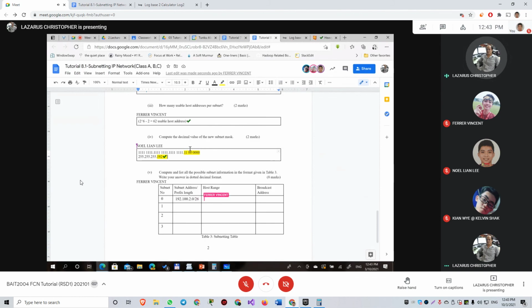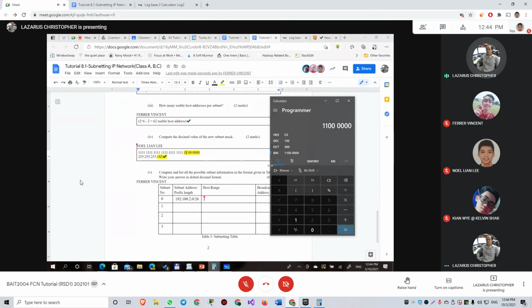Now, what is the magic number? That last bit here, I highlight. In that position, what's the value? Very easy if you're not sure, use the calculator again: 1000000. What's that? The magic number is 64.